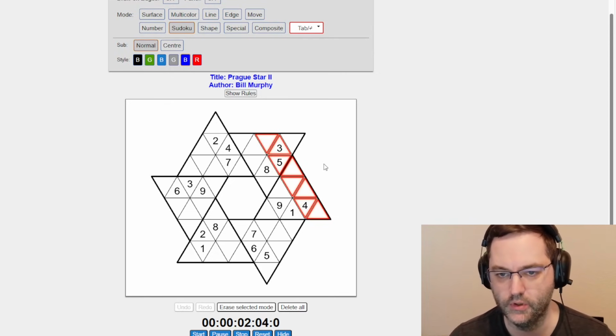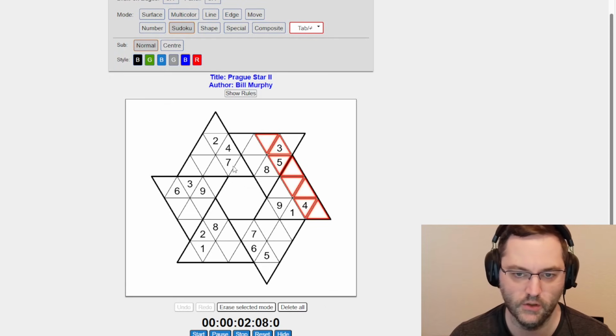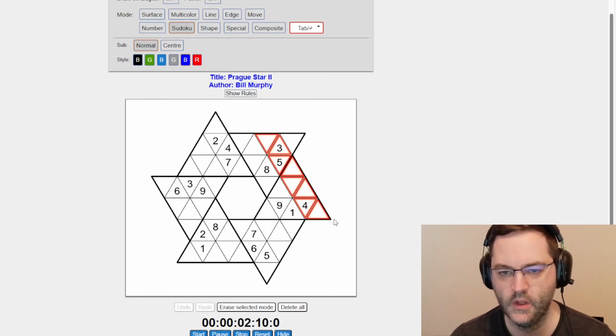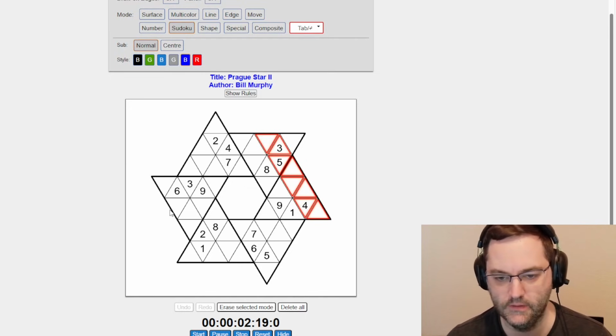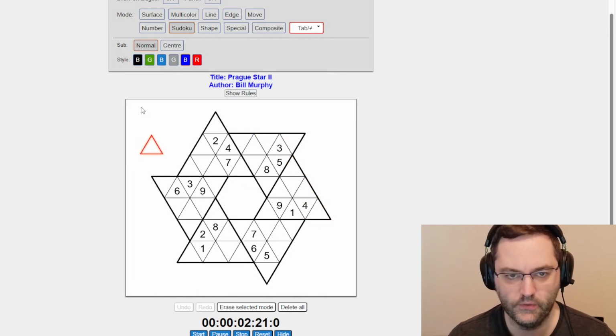We are not required to put every digit in every row or column or whatever you want to call the diagonal ones, because this one only has 8 digits. So one of them is going to get left out. But the important thing is we cannot repeat them. So those are the rules, and I'll restart the clock just because.